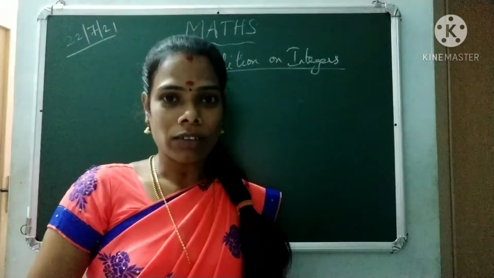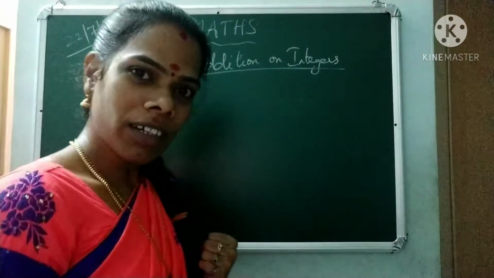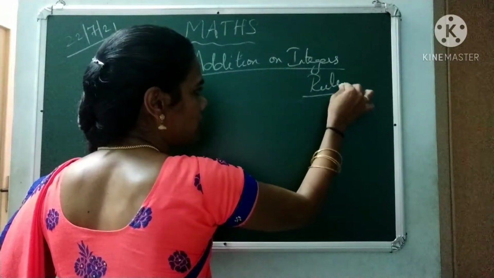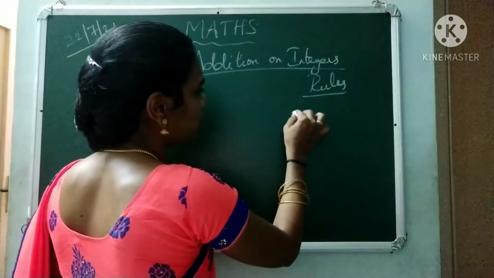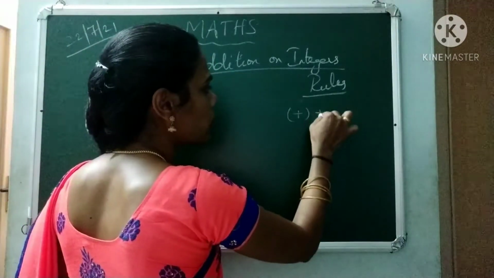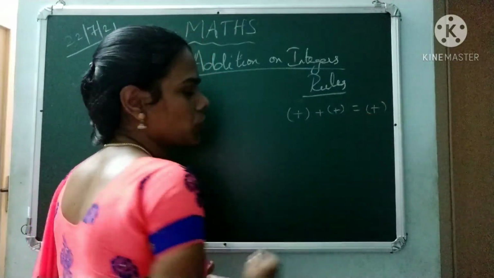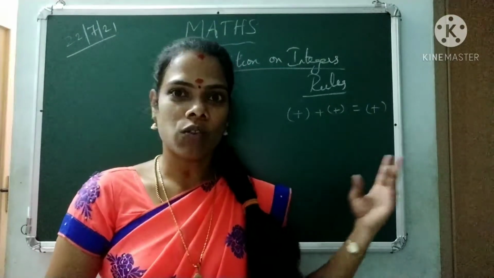Before that you have to know 4 rules. So what are they? The rules are: first one, if you are adding two positive numbers, your answer is always positive.